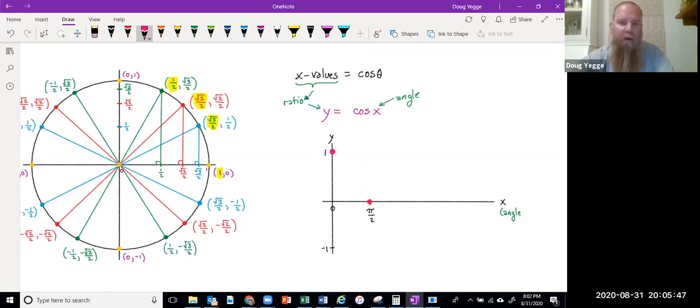Now to continue the angles, as I move from pi over 2, where I'm at the ratio of 0, I start to realize that as the angle continues to increase, moving around the unit circle here, those values start to get smaller.